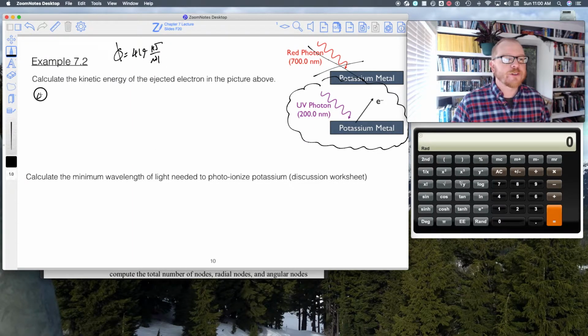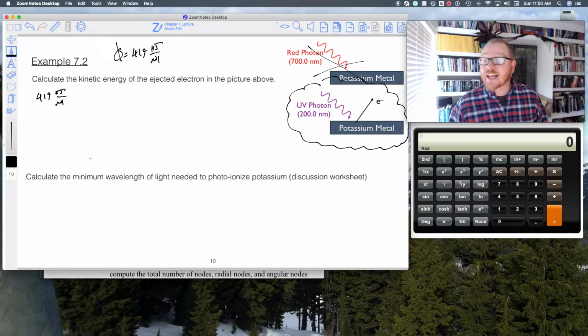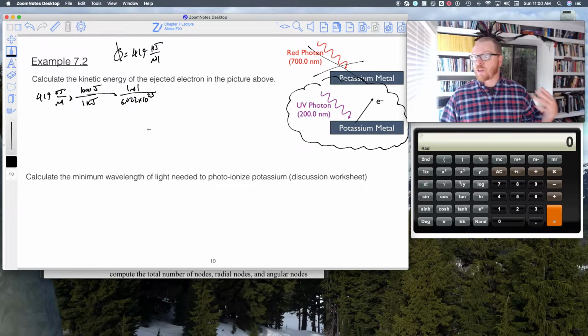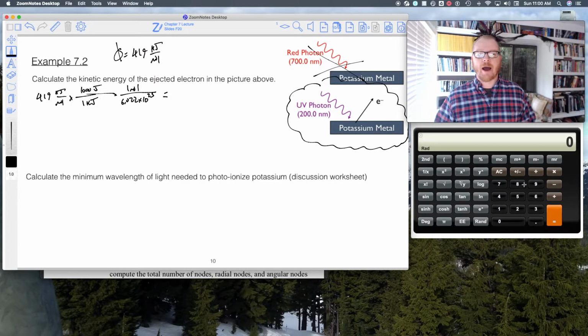Well, as I said, the first thing that I need to do is convert that to joules per single thing, okay? So I know that 1 kilojoule is 1,000 joules, and I know that 1 mole is 6.022 times 10 to the 23, and I'm just going to leave it like that. I don't have to technically put in atoms or molecules, because it's implied that we're talking about a singular thing, okay?